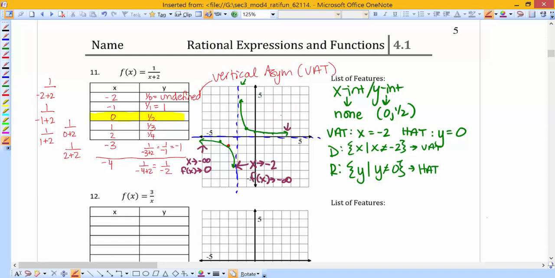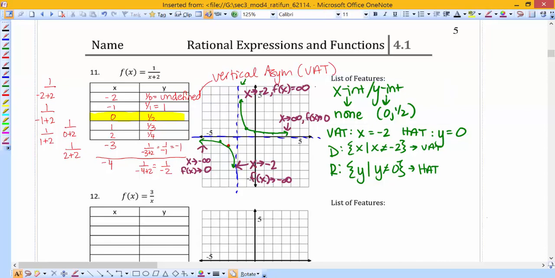This next arrow, x is going to the right, so infinity, and f of x is going to the asymptote, so 0. And this next one, as x is going to the asymptote, -2, f of x is going up to infinity.